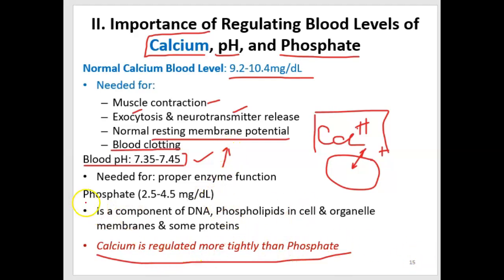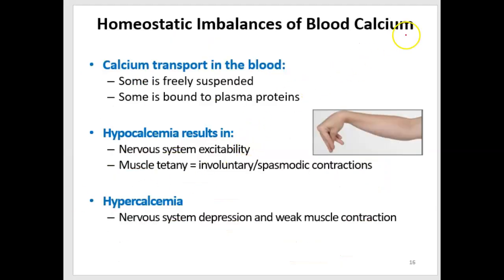And then our phosphate in the blood is kept within 2.5 to 4.5 milligrams per deciliter. And it's needed when cells make DNA, phospholipids, organelle membranes, and proteins. So we're going to focus just on blood calcium and what happens when there's imbalances, as well as how it's regulated.